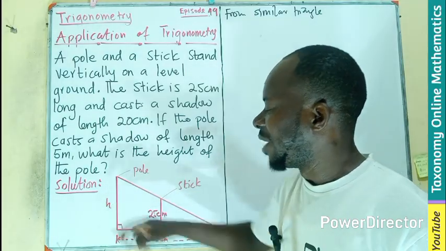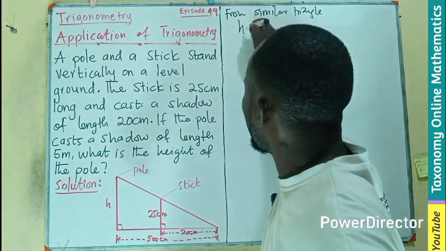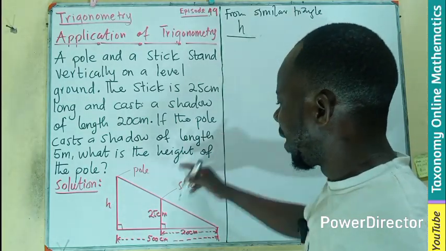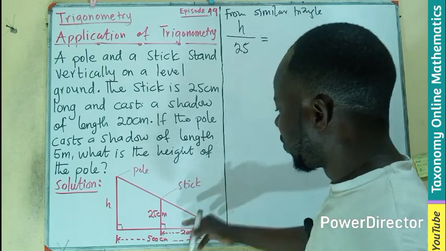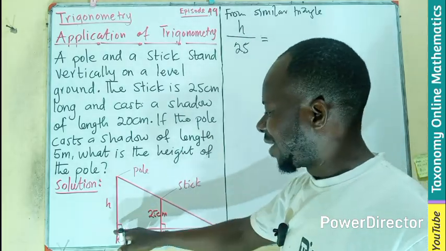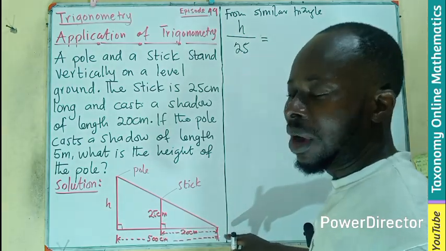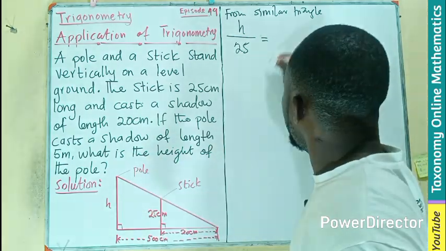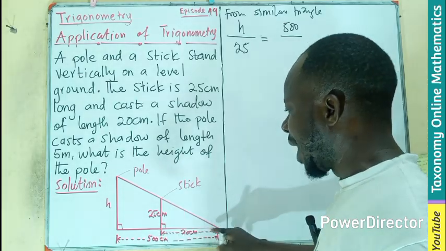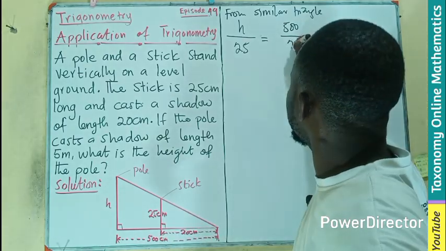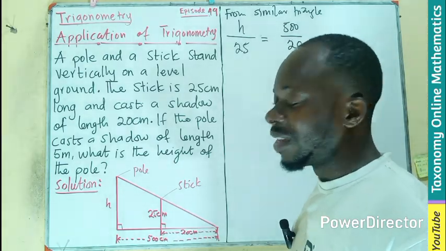If I begin with h as the height of the pole, it should be divided by the height of the stick, which is 25. This ratio should be the same as the length of the shadow cast by the pole, which is 500, divided by the length of the shadow cast by the stick, which is 20, all in centimeters.